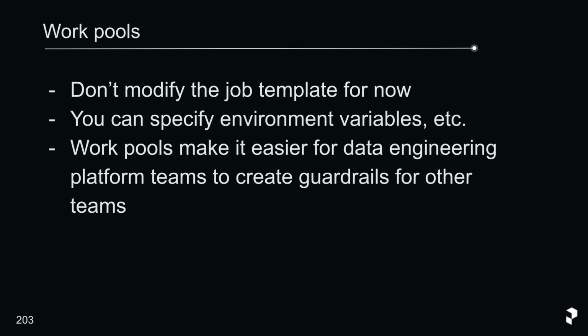When you get around to doing this, I'd recommend not modifying the job template immediately. Another thing to note is that you can specify environment variables if you would like. Work pools in general make it easy for data engineering platform teams to create guardrails for other teams.